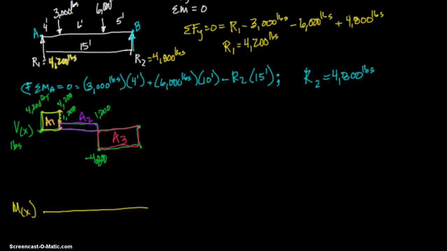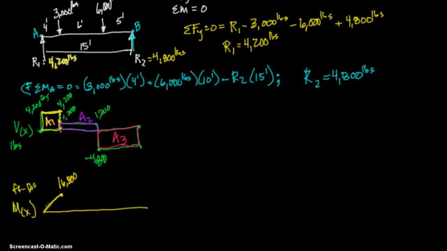So at this point, at 4 foot, you are going to be at 16,800, and that's in foot pounds. And that's going to be linear, because this is a distributed load pretty much. It just goes straight over.